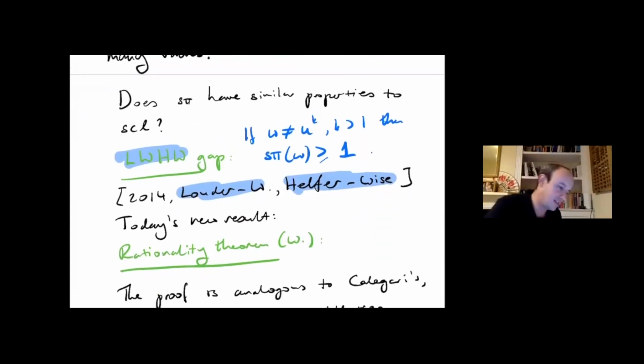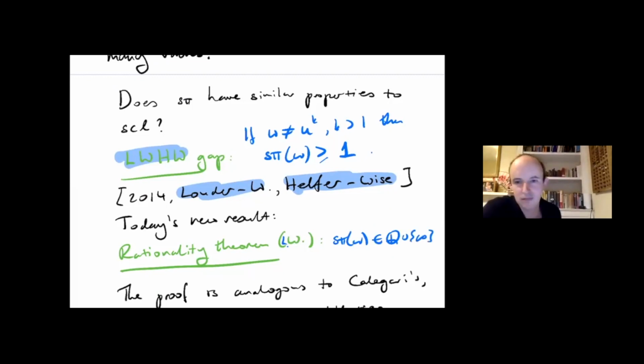So today's theorem is a new rationality theorem. Sorry, when I gave this talk before, I hadn't talked to Louder about it yet, and I had a proof in mind, but now, as I said, this is joint work because we're now doing things together. So this is the rationality theorem, the analog of Calegari's theorem, and it says that S pi of W is always a rational number unless it happens to be infinity.